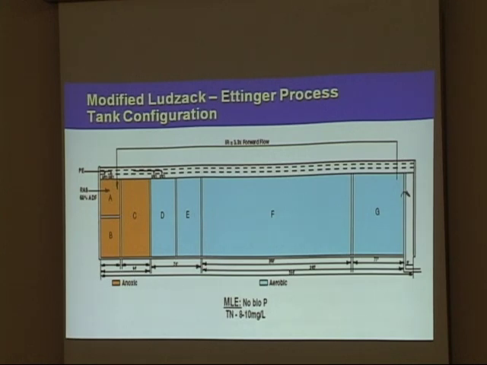You note on top you've got internal recycle that's returned back to cell A to meet the incoming primary effluent and the RAS. And you'll note that 3.2 or 3.3 something typically would be the max forward flow that you can do if you had the internal recycle pumps all the way cranked up. That's one of your operational controls.